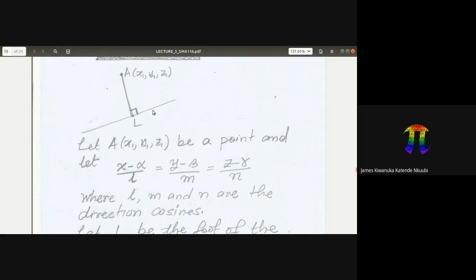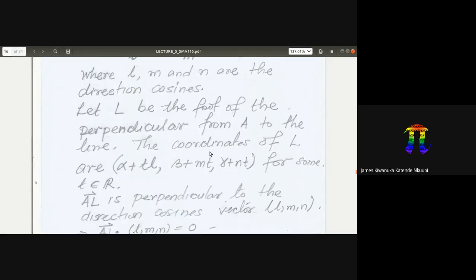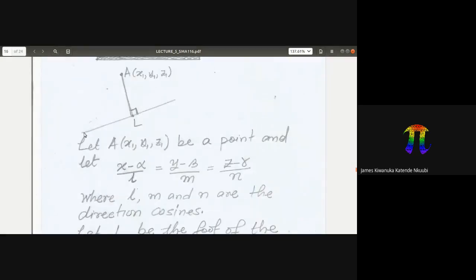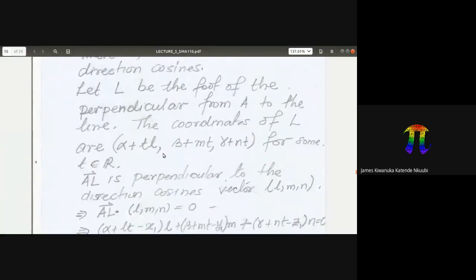We have set up the equation of this line. I think I made a mistake here. The equation we have here is actually the equation of this line, not the equation of the line through A and L. It's the equation of this straight line of interest. But the point L happens to be on that line as well, so its coordinates must take the same form.